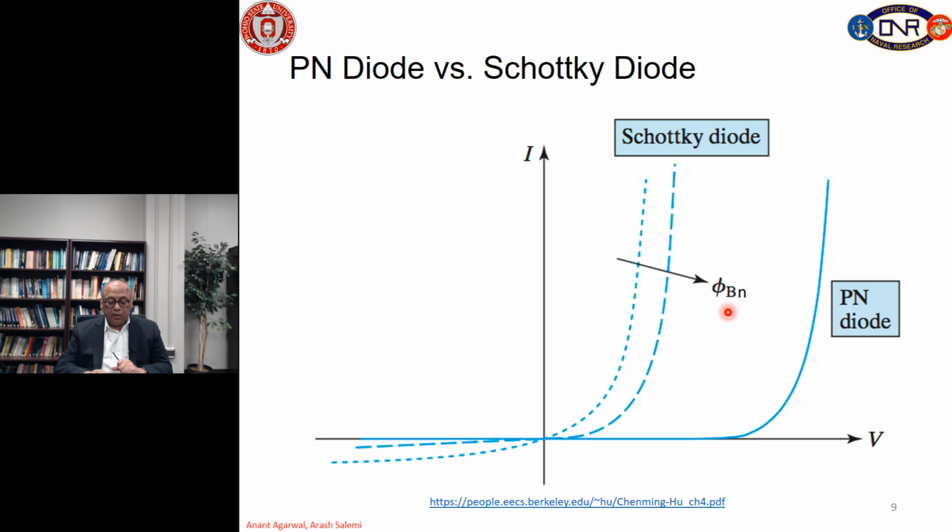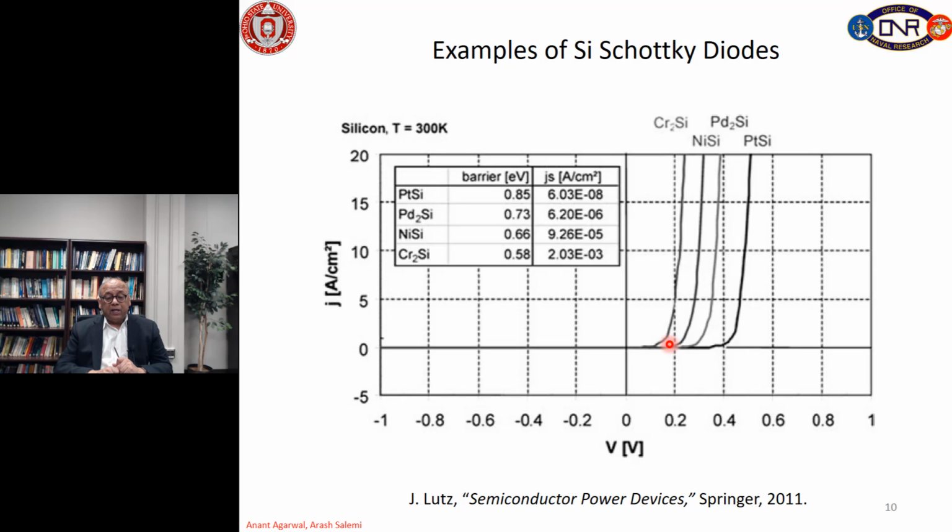So, for Schottky diodes, the fundamental trade-off is that by increasing the barrier height, we can reduce the reverse leakage current I0, but the forward losses increase because the knee voltage increases. And that trade-off is shown here.